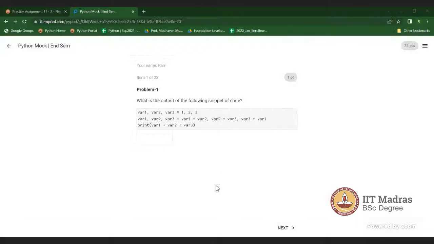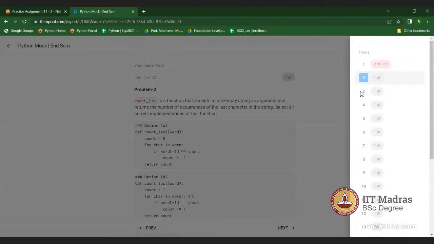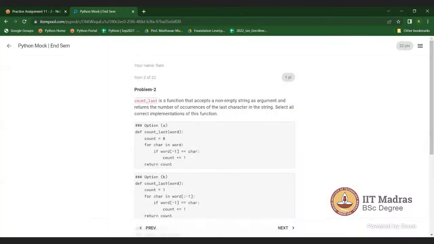It was in the item pool one, in the middle of something. I guess 16 was the question. I'm not exact, but I feel that 16 was the question. Yeah, 16. Okay, let me show it.